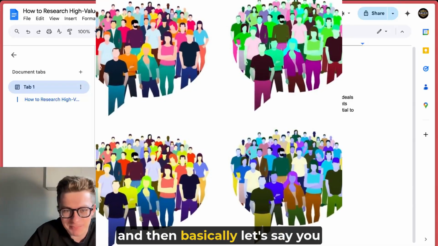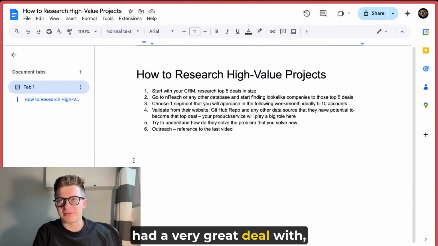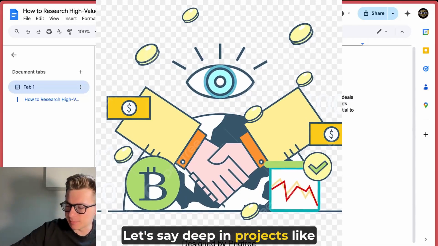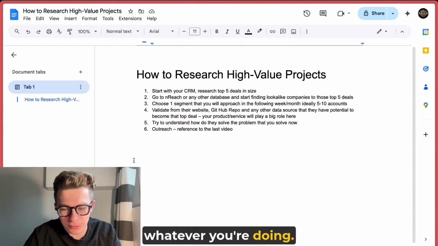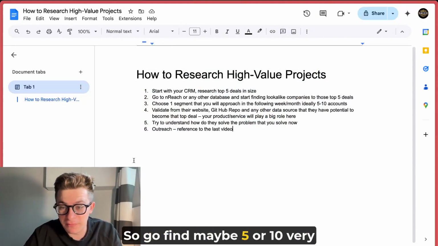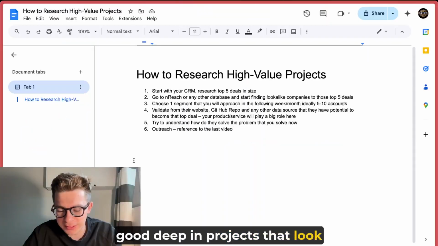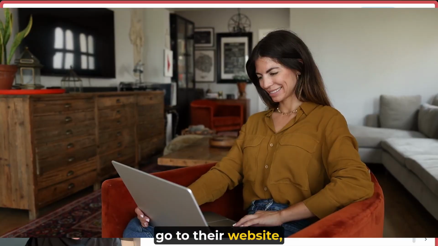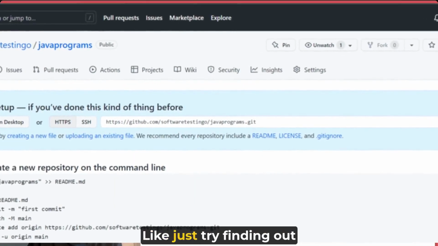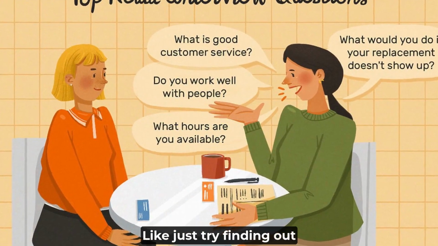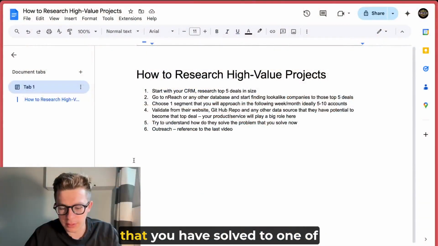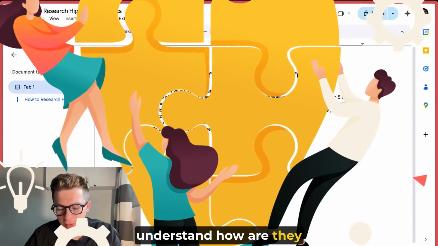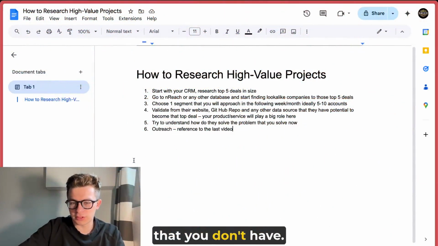Instead, you can use your CRM and find the people that you already sold to, and then find lookalikes. Let's say you had a very great deal with, I don't know, Deepin projects. Let's say Deepin projects are paying you 100K per whatever you're doing. So go find maybe 5 or 10 very good Deepin projects that look exactly the same as the one that you have sold to, and then go to their website, go to their GitHub repository, and try finding out whether they have the problem that you have solved for one of your customers, and try to understand how they are currently solving that problem that you don't have.